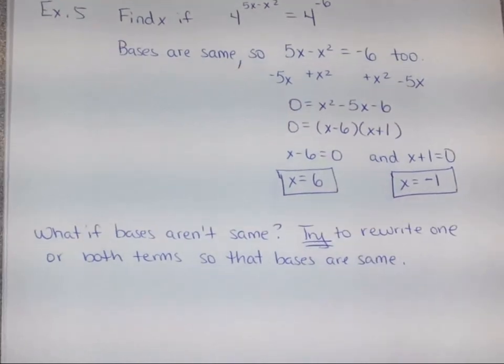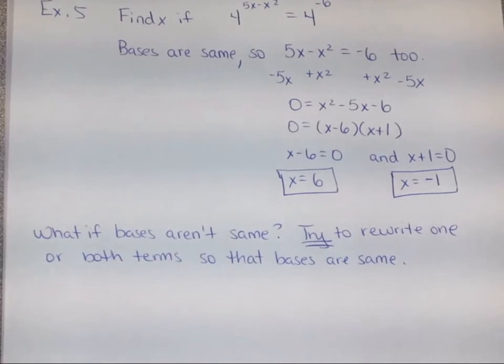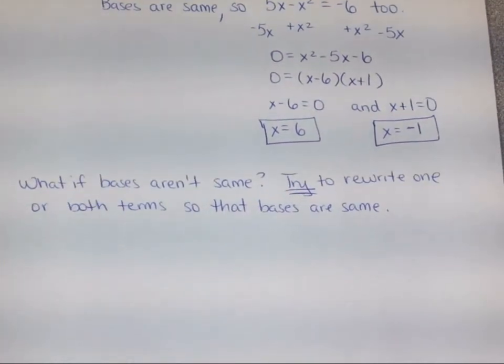But I'm going to underline this try here because frankly it's not always going to work. Just like when we're factoring x squared equations, it doesn't always work. This will be a nice trick, but it will only work sometimes. So we're going to have to come up with some other ways when it doesn't work.